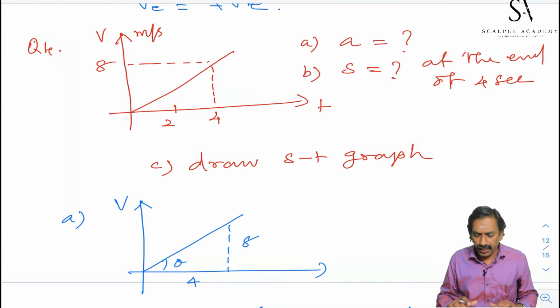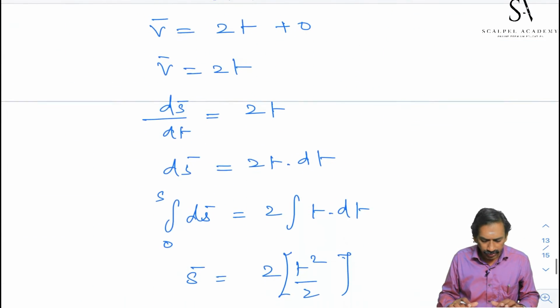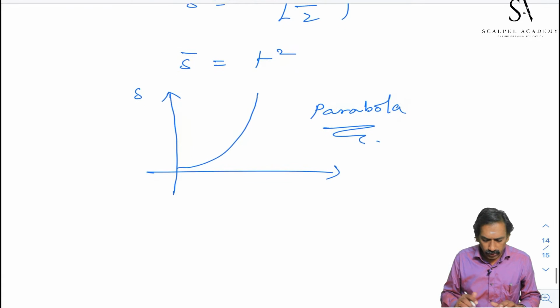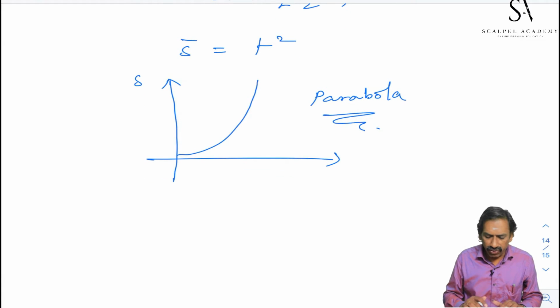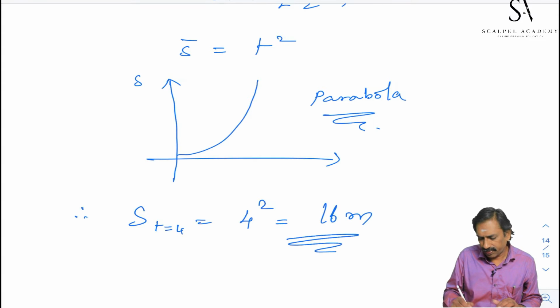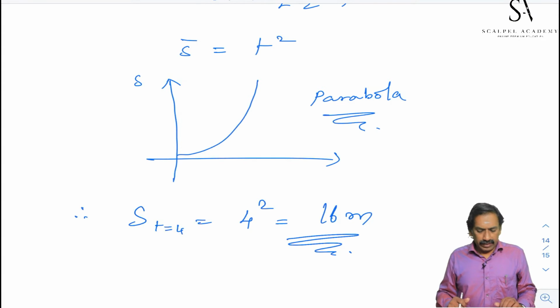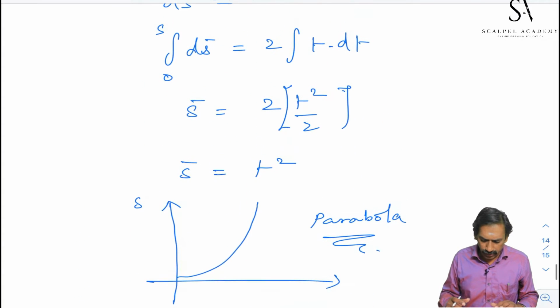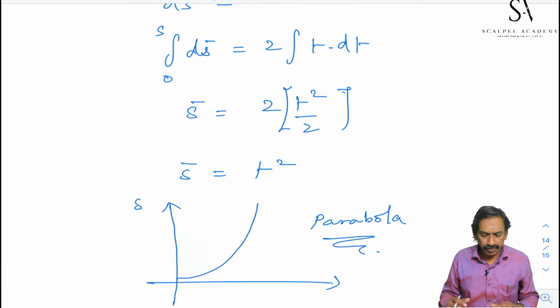Displacement at the end of 4th second is asked. So displacement at the end of 4th second is equal to 4 square, that is 16 meter. So we got the answer for the second question. Also we drew the graph of ST, the third question.